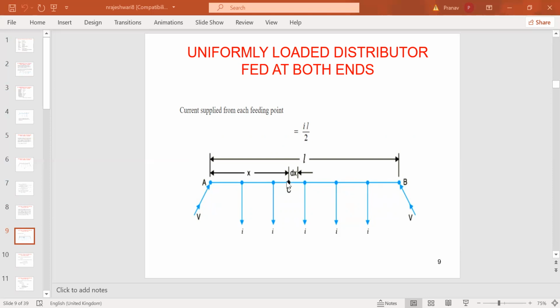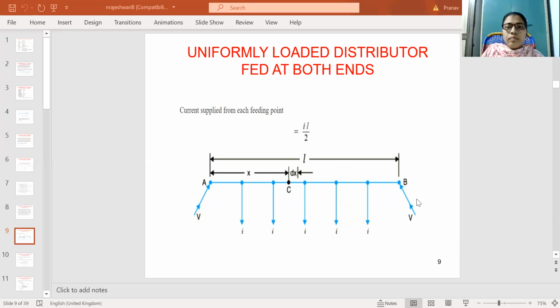Not exactly midpoint. The length is L, and X is the distance from point A to point C, where dx is the smallest distance. So the total current supplied from each point is IL by 2.